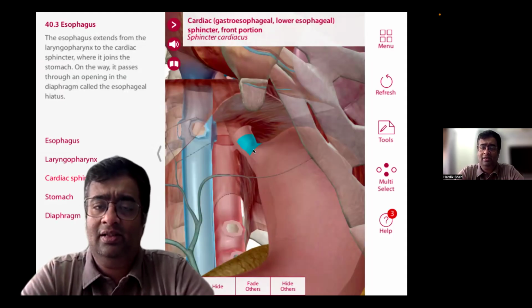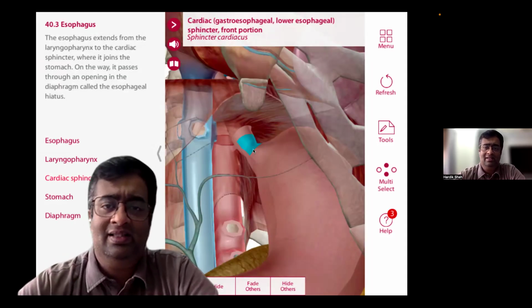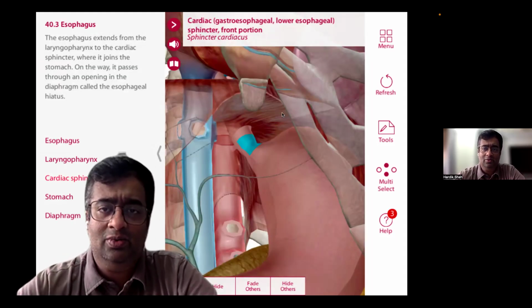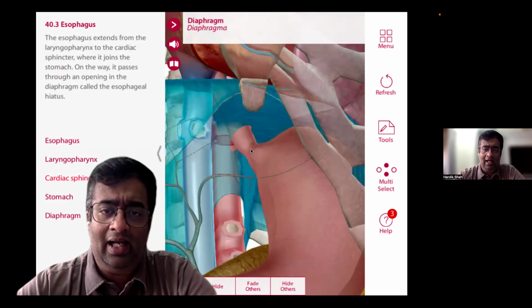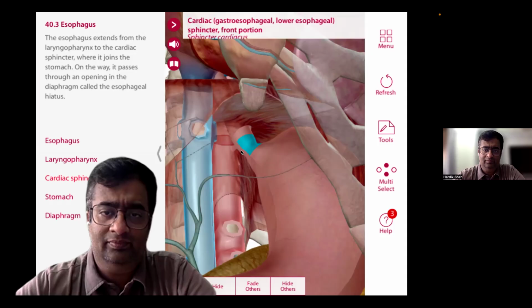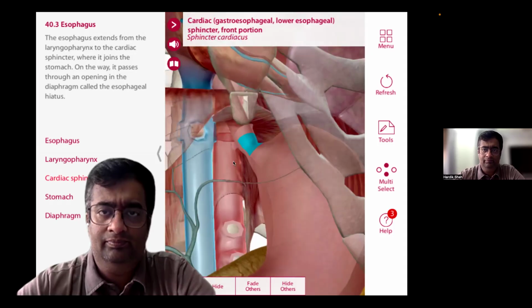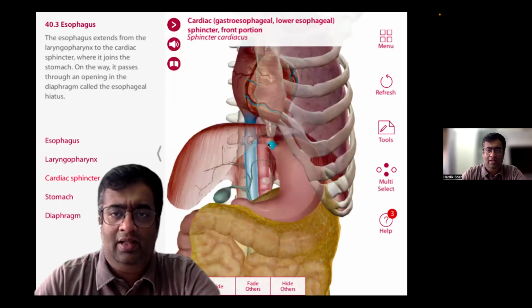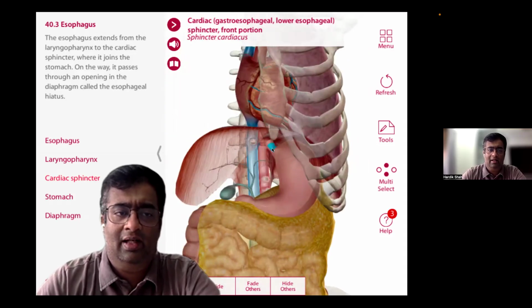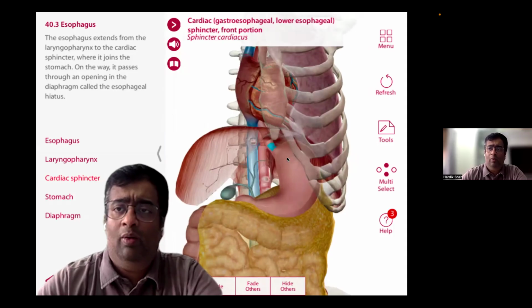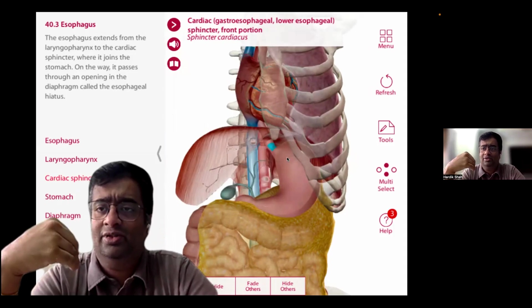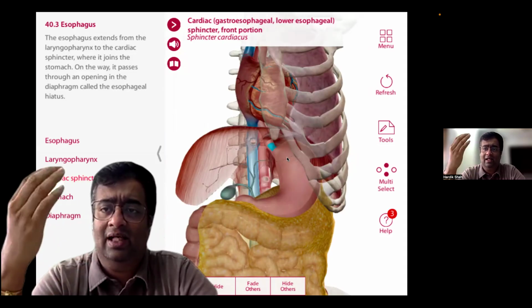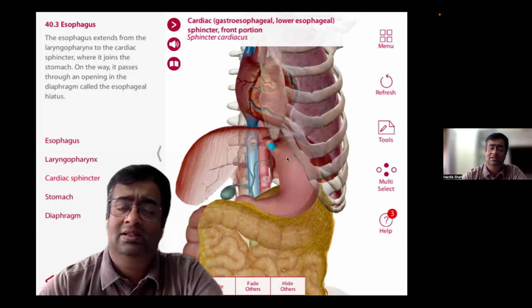The reason it has been given this name is that it lies close to the heart, as you can see here. When the food arrives at this junction, the cardiac sphincter will relax, allowing the food to enter into the stomach.